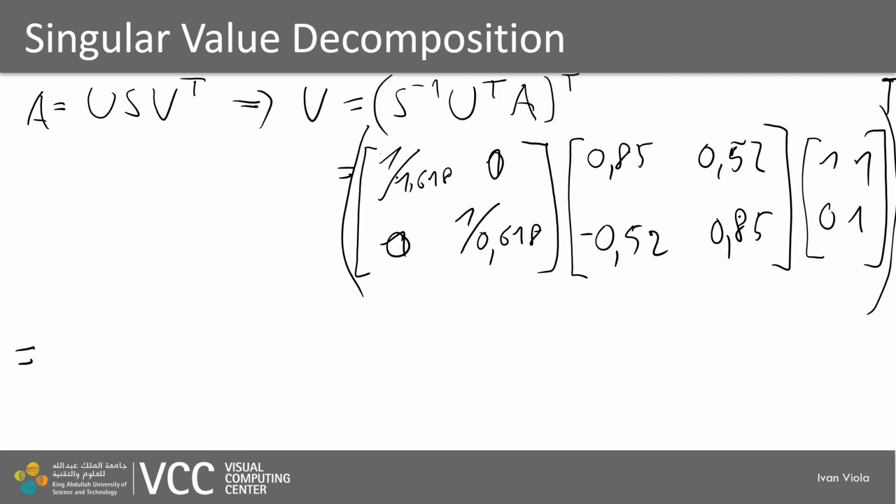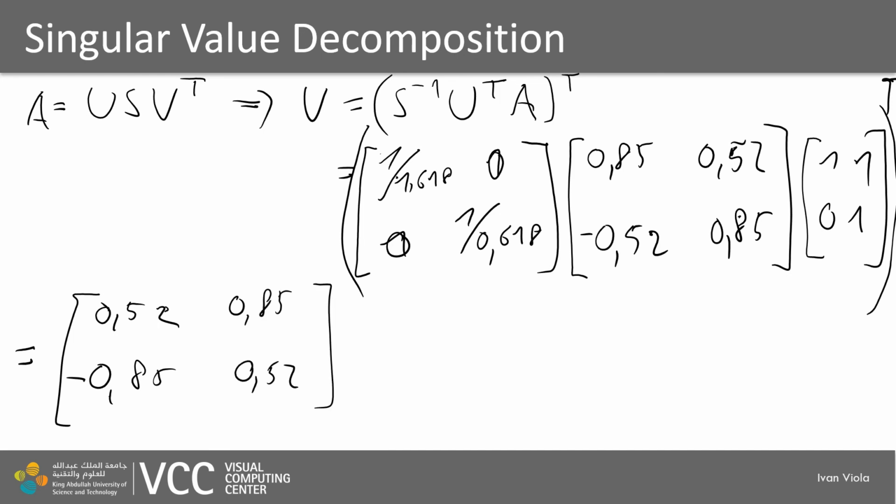While it is a little bit tedious and perhaps boring to calculate such a product, I will just show you the final result, which is approximately 0.52, minus 0.85, 0.85, 0.52.